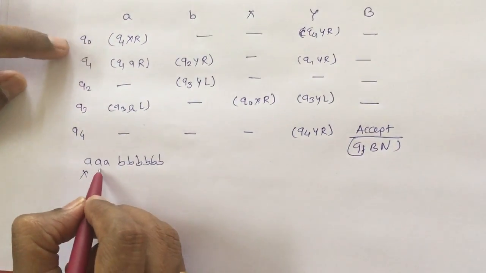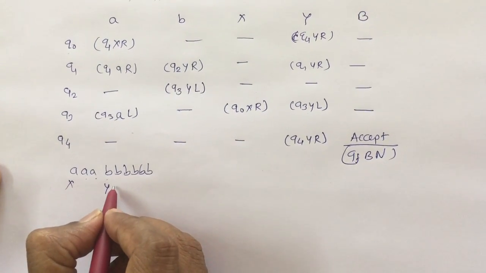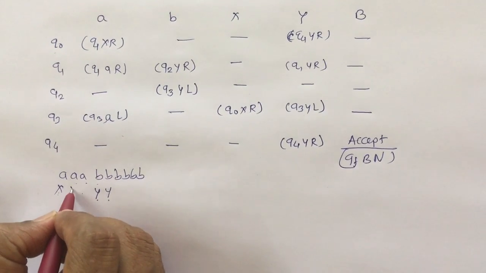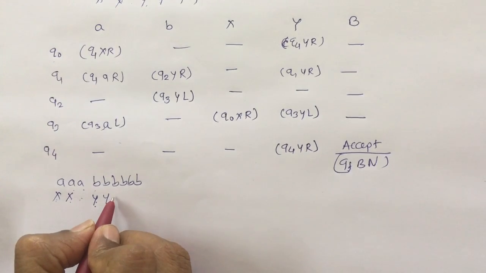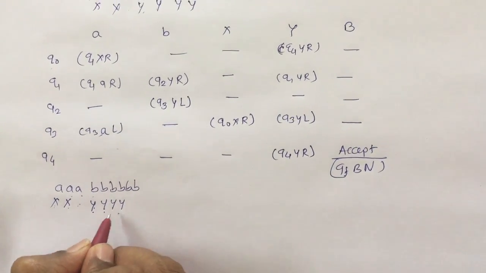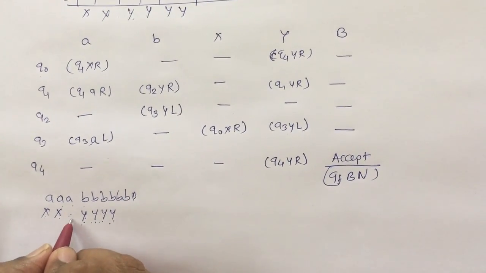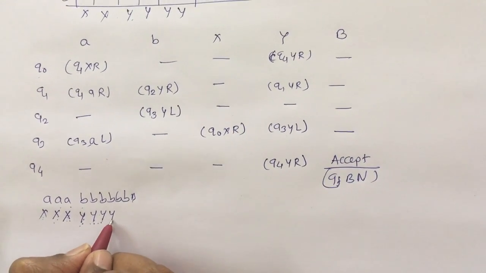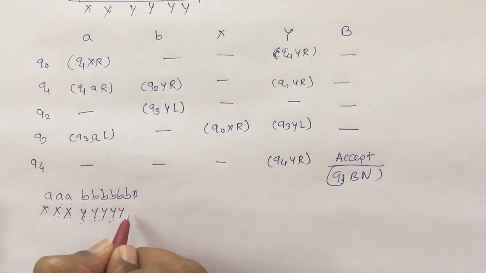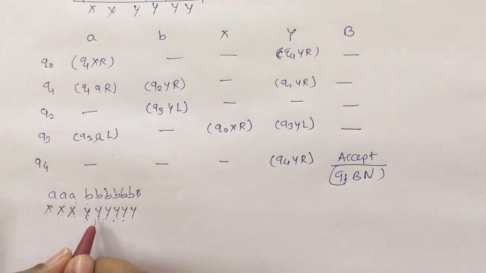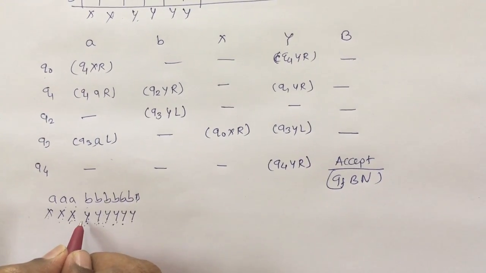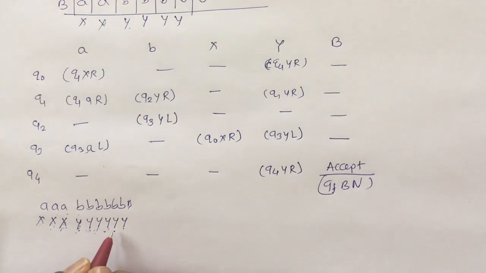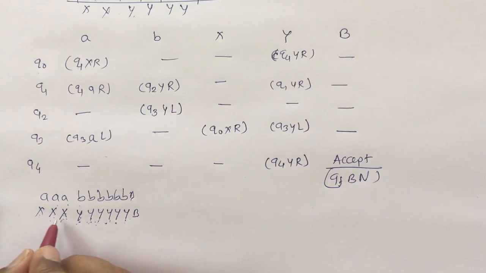First A: Q1 X R, Q1 A R, Q1 A R, Q1 B, Q2 Y R, Q2 B would be Q3 Y L, Q3 Y L, Q3 A L, Q3 A L, Q3 X, Q0 X R. Then Q0 A, Q1 X R, Q1 A R, Q1 Y R, Q1 Y R, Q1 B, Q2 Y R, Q2 B, Q3 Y L, and back to Q3 X. Now again Q0 X R, Q0 Y, so we enter Q4, Q4 Y R; all Y's are skipped until Q4 B. Now we should stop because all A's and B's are covered.